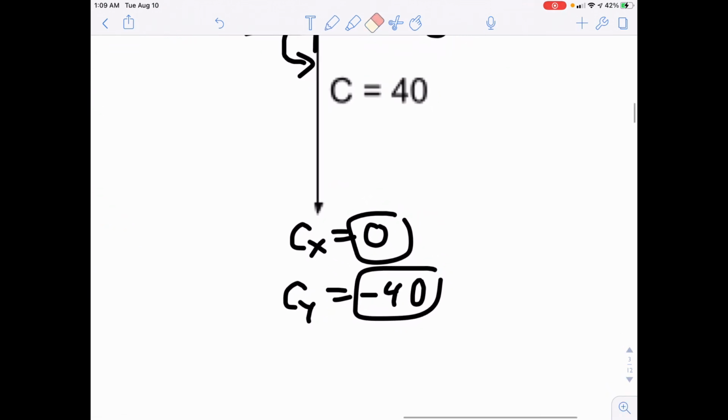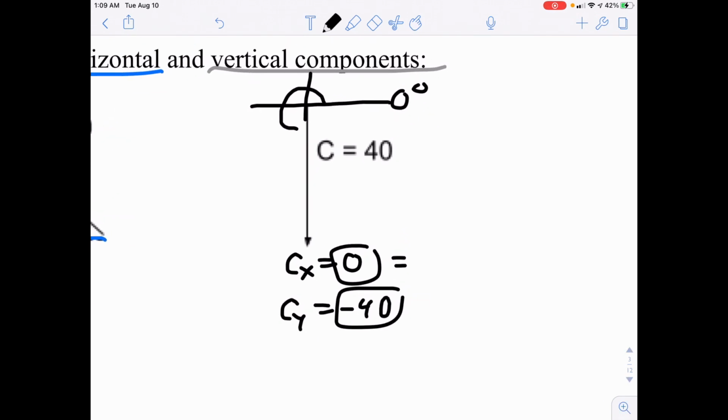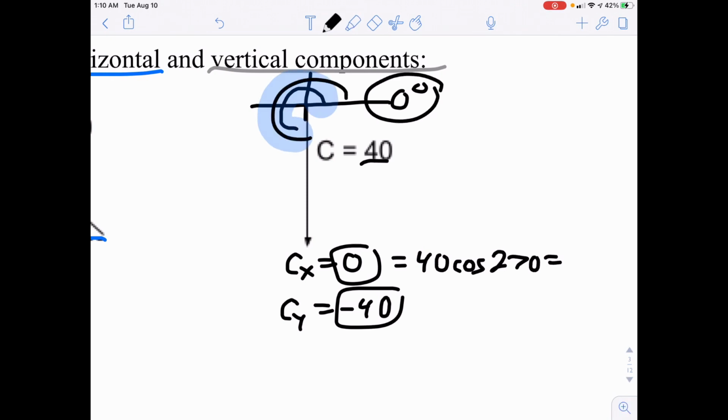So in the x direction, it's going to be 40 times the cosine of 270. 270 degrees is the whole angle measurement from all the way over to the right to all the way straight down, and you end up with 0.